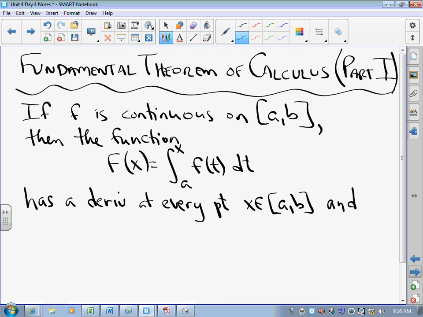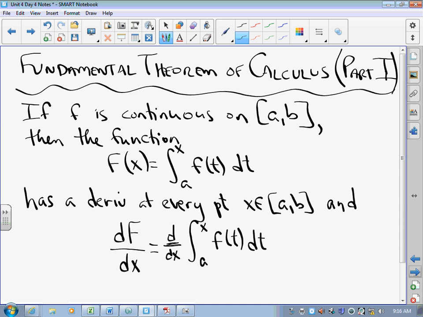And here's the kicker: the derivative of capital F with respect to x, which, just in case you're curious, is the derivative with respect to x of the integral from a to x of f of t dt, is f of x. The derivative of capital F of x, the derivative of the integral function, is little f evaluated at x.